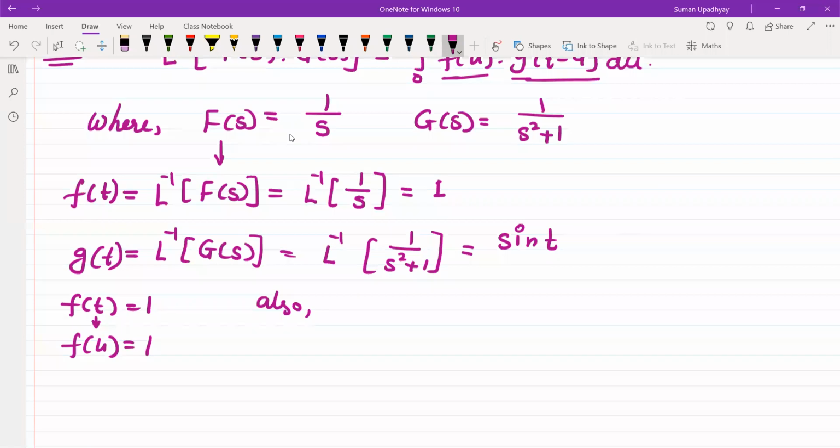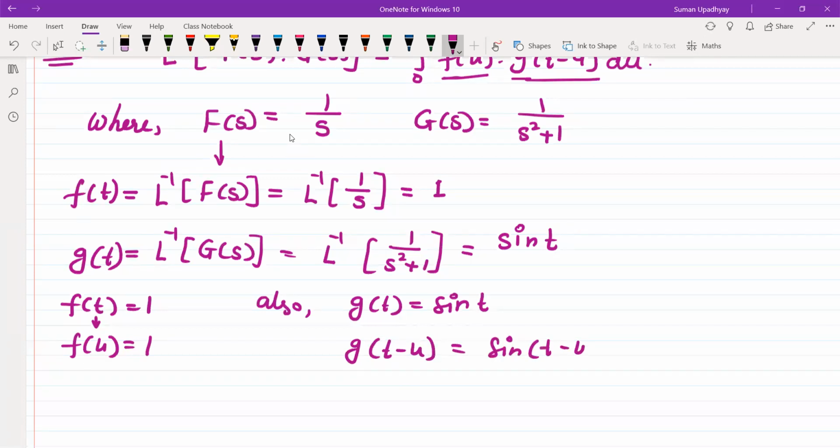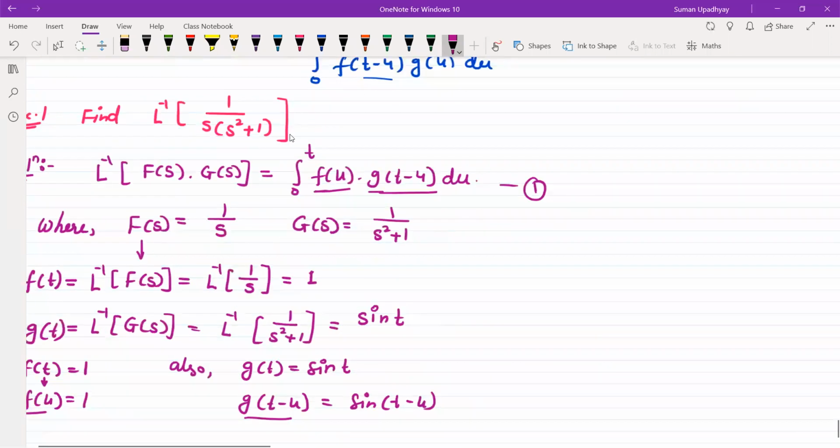Also I have g of t as sin t, but I need t minus u, so I replace t by t minus u and it becomes sin of t minus u. You got f of u and g of t minus u. Now we are going to put it in equation number 1 and see what happens.